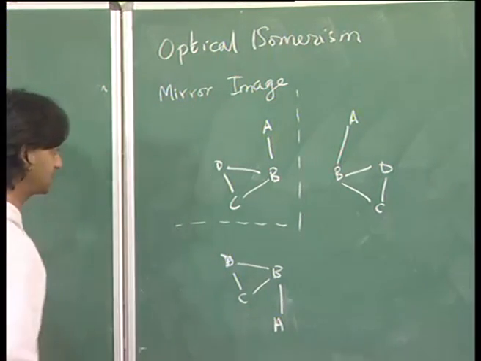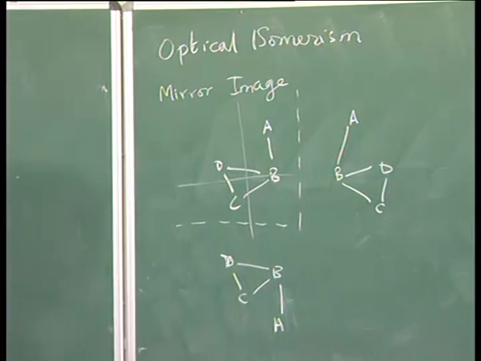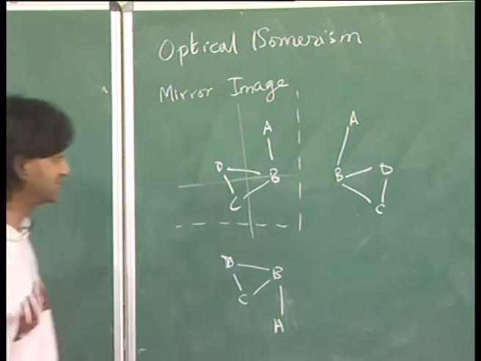I can take various other planes, a plane that goes like this, a plane that goes like this. I can reflect it and I will get various other configurations. Now, the question is, which is the mirror image?